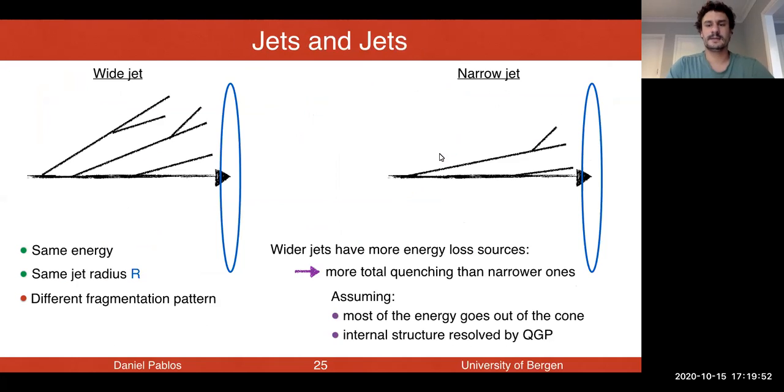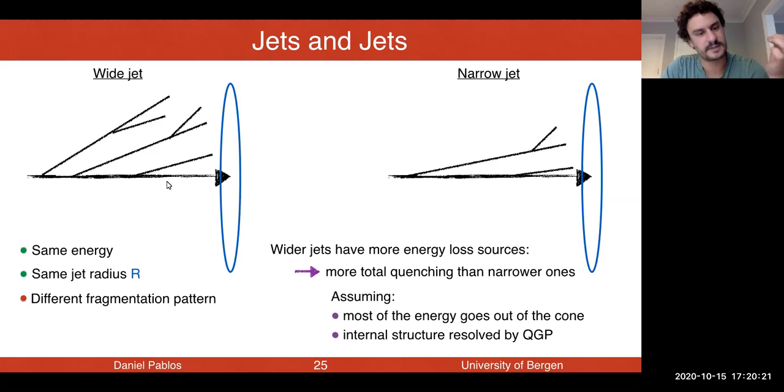Well, even though two jets can have the same energy, and they might be within the same jet radius R, that doesn't make them equivalent jets at all. They can have a different fragmentation pattern. These two jets in this picture have the same energy and have been reconstructed with the same cone. However, their fragmentation pattern is very different. Wider jets have more energy loss sources.